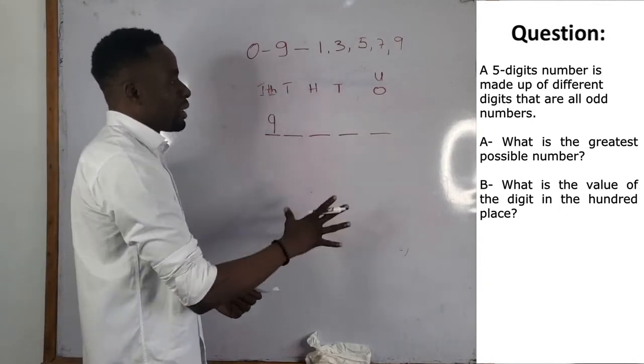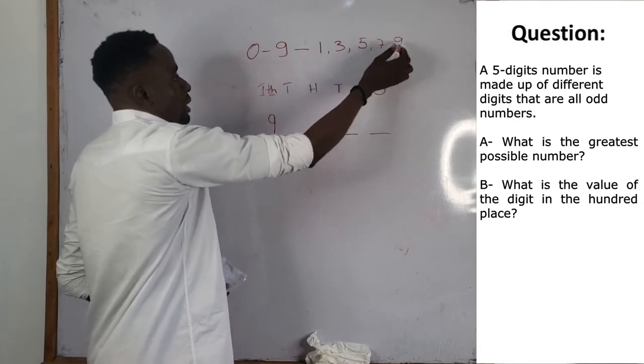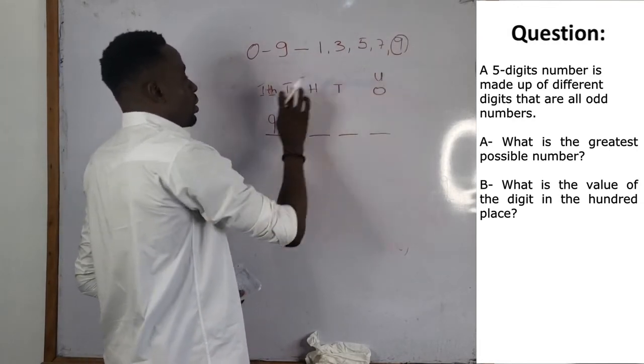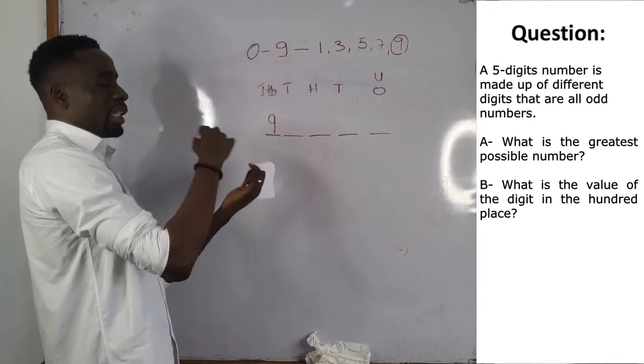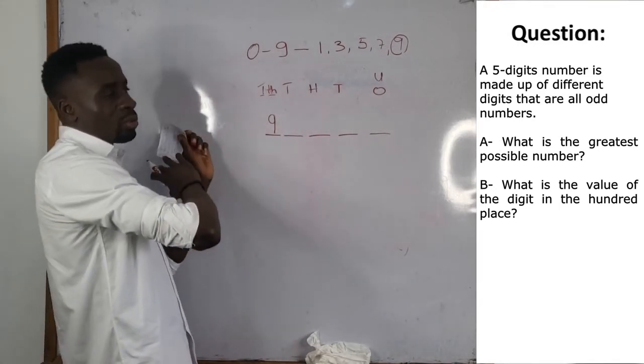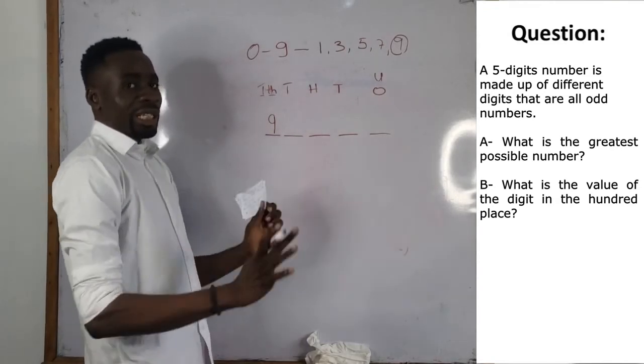So when I have all of this now, I know that my 9 is right there. Which one? 9 is the biggest right now, because kids need to understand the place values, that the biggest number always goes from left to right. So when they get to understand that, it's quite easier.